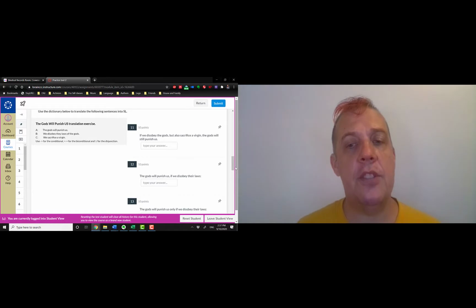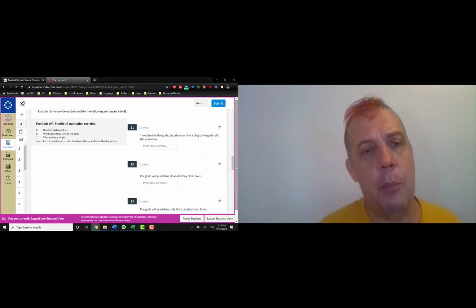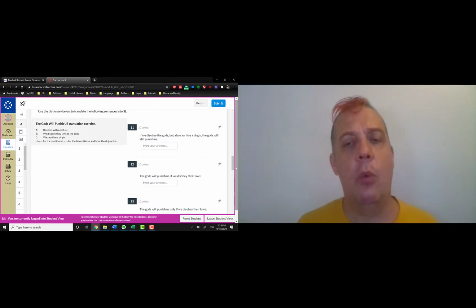The other thing is that you now are going to need to type bits of SL into Canvas. And so I've chosen our symbols in SL so that for the most part you can just use regular symbols in the typewriter. But because Canvas is picky, we need to be clear on a few things.